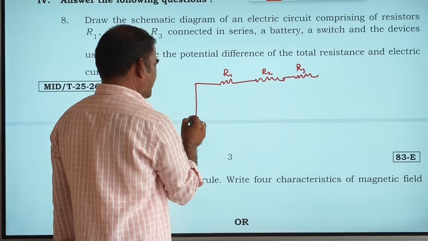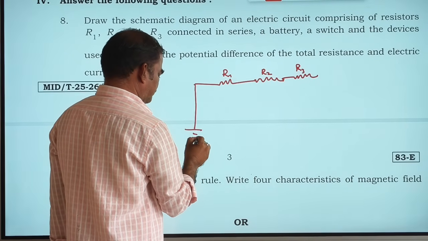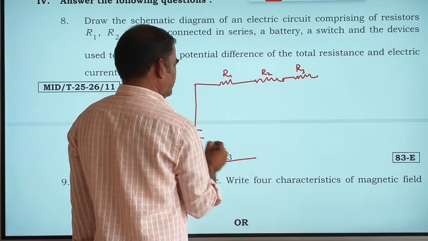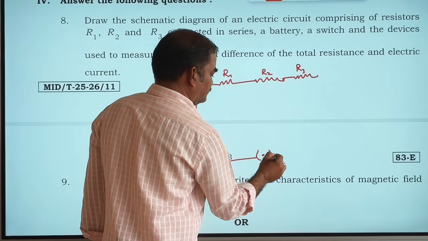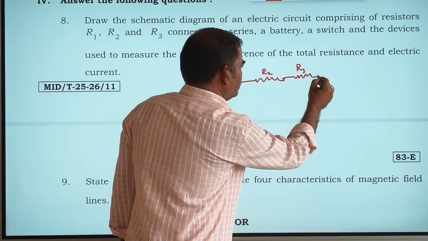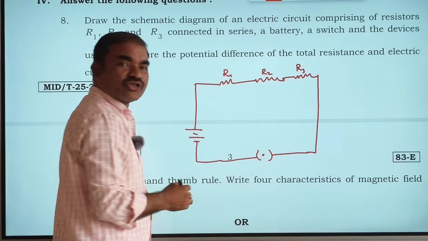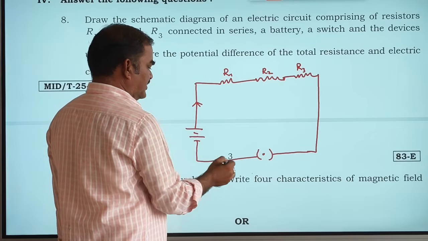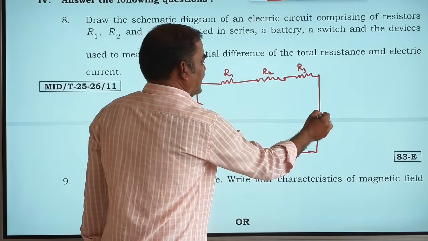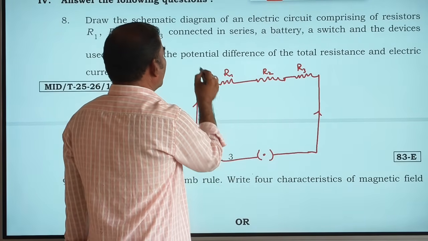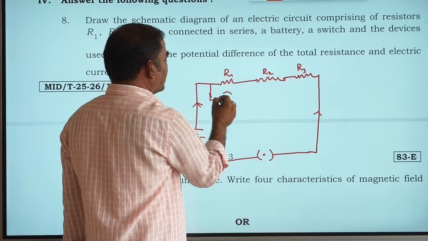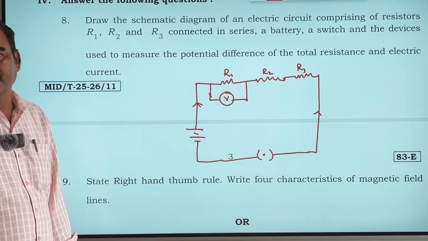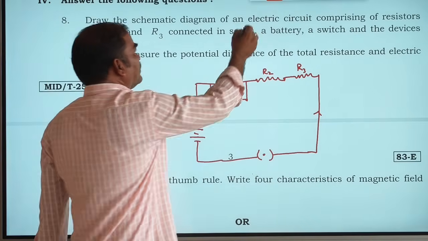Here you can use a battery and a key, and the direction of current is very important here. Current flows in this way. And to measure the potential difference, we use a voltmeter. Voltmeter is always connected in parallel. So you can draw this diagram.